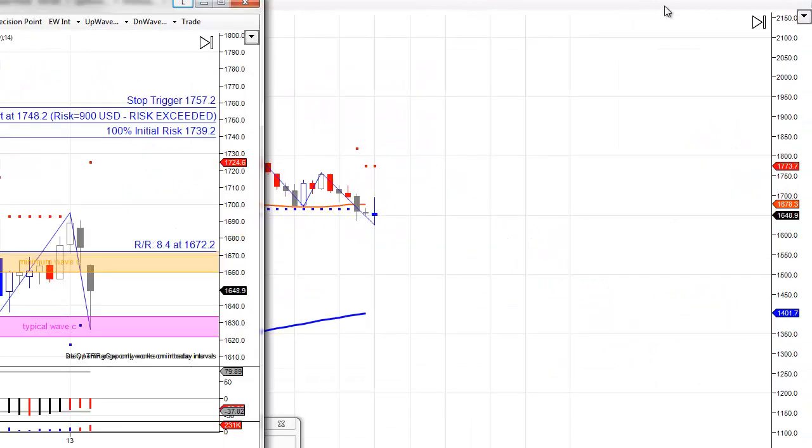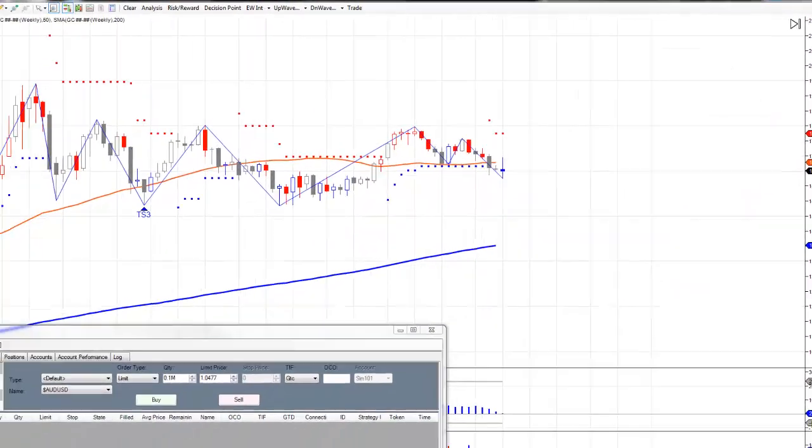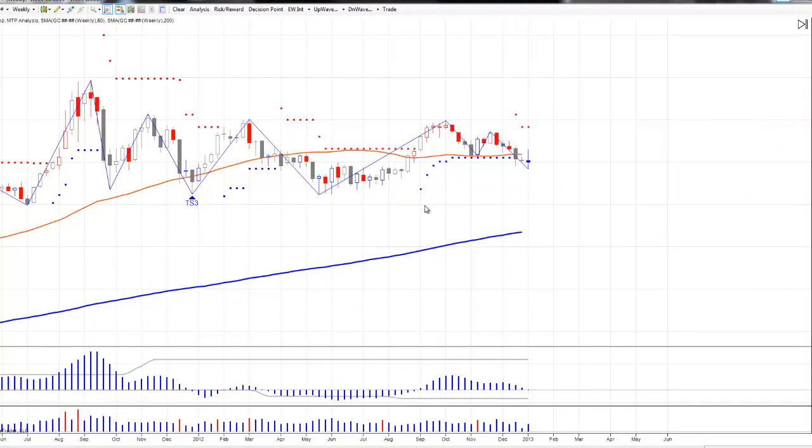But let's just take a look at a little bigger perspective to see where we are. So here's gold now in the longer term chart. This is still the weekly chart, but I've got more data here with our 50 period moving average, the red line here, and the 200 period.